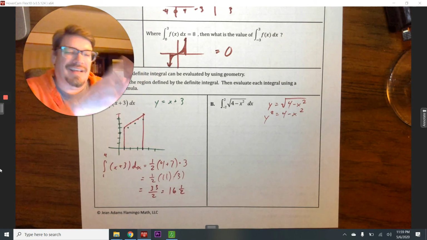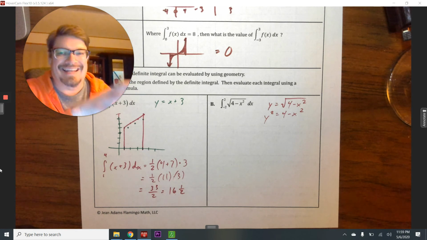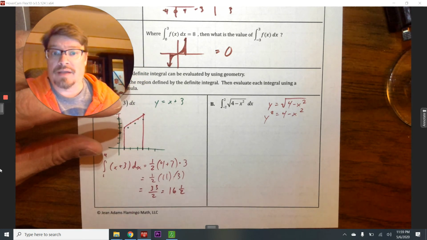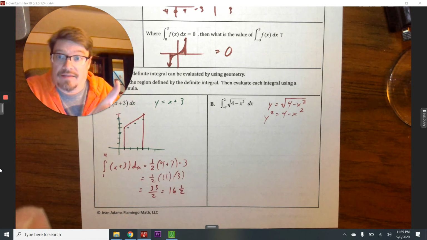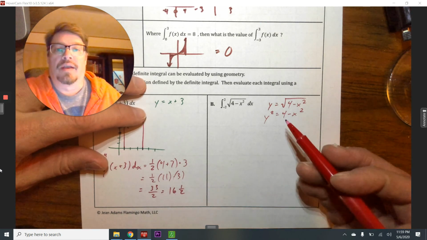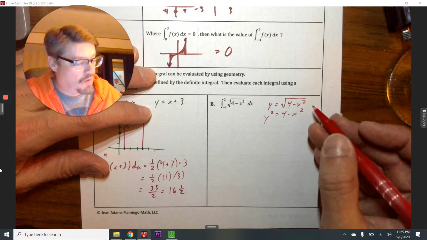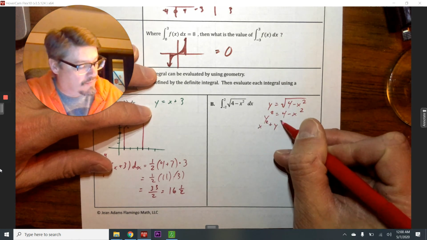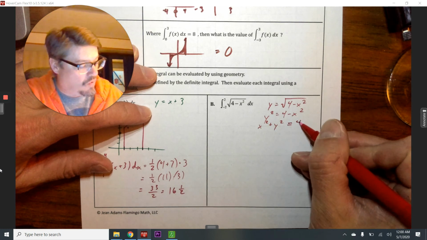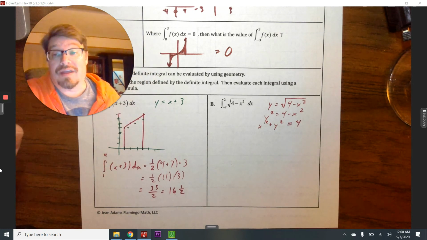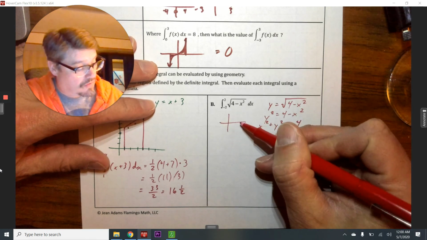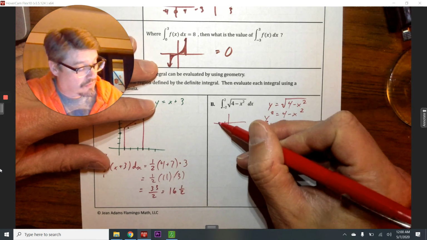People don't tend to want to do that, because we want y to be by itself. But if I square this out and move this over, I get x squared plus y squared equals 4. If you remember from pre-calc, this is the graph of a circle. In fact, it's a circle with a radius of 2.